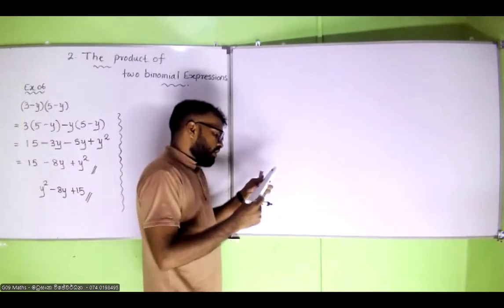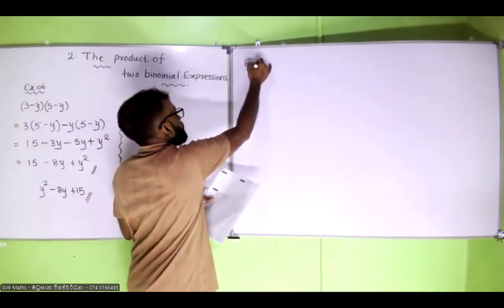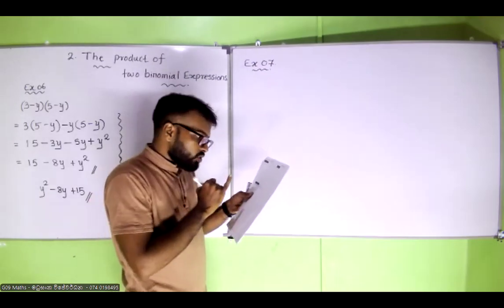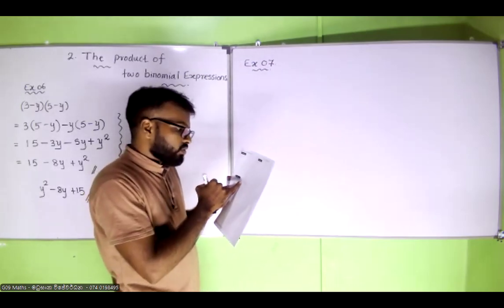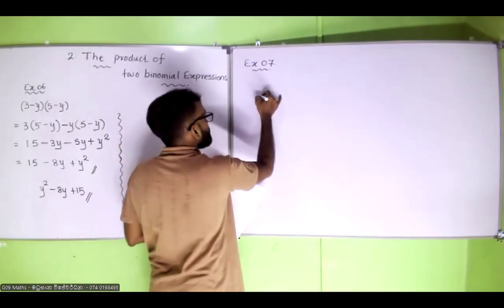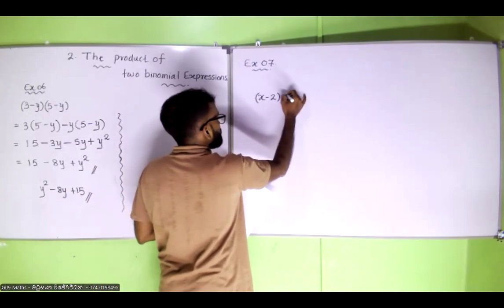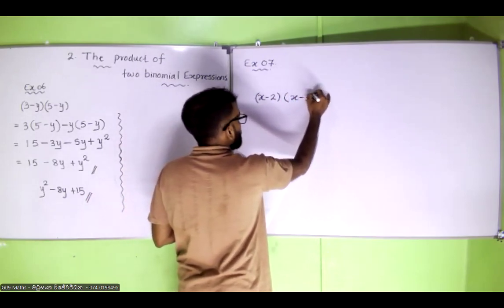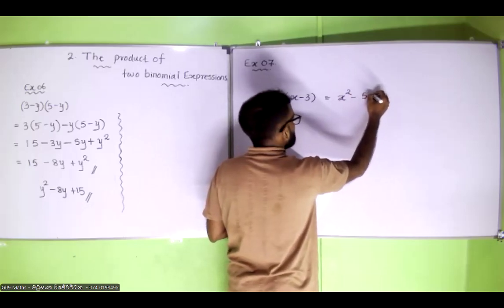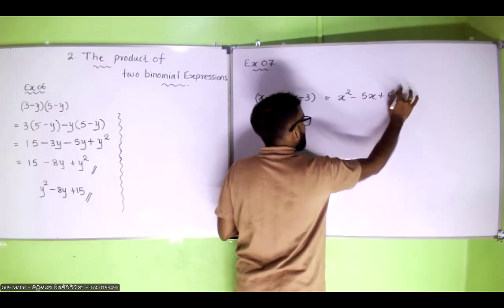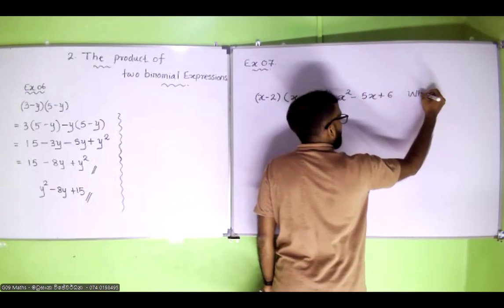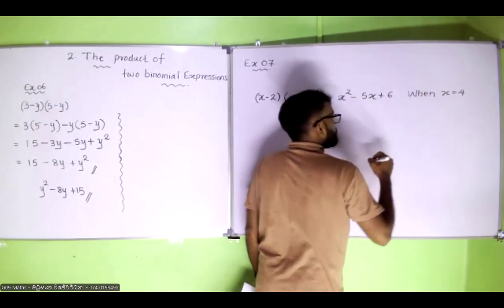They are saying in example number 7, show that x minus 2 into x minus 3 equals x to the power 2 minus 5x plus 6, this expression, when x equals 4. So, how to show that?